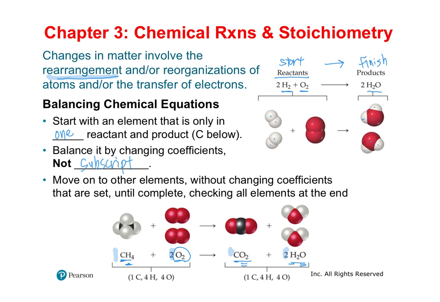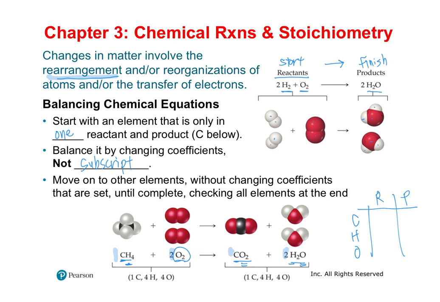Then as you start to balance each of the elements, you want to try to change the coefficients in such a way that all of them end up balanced on both sides. So how I would do it is I would list out the chemical elements. So I have carbon, hydrogen, and oxygen as my atoms, and I have reactants, and I have products.